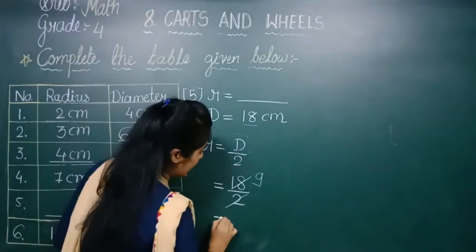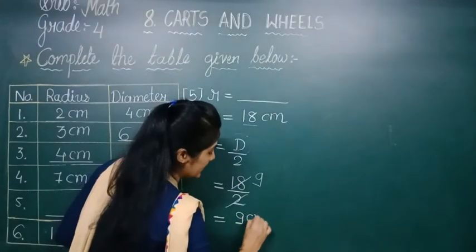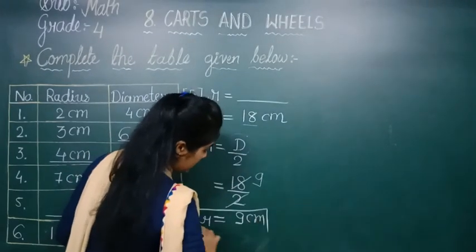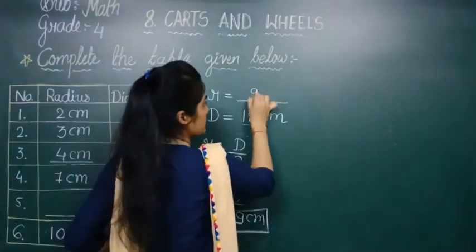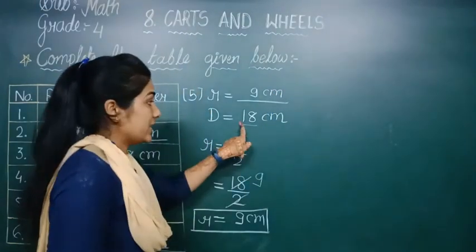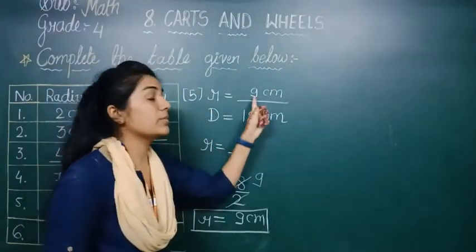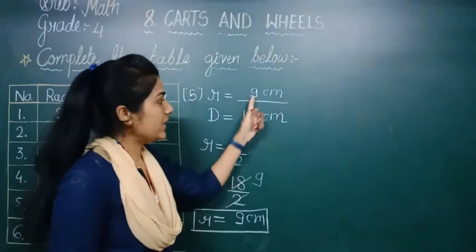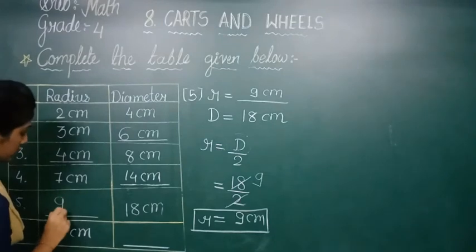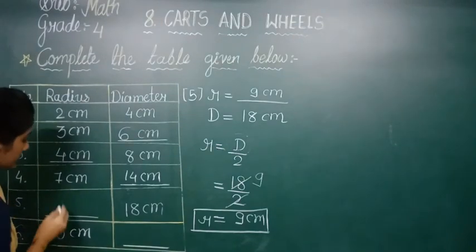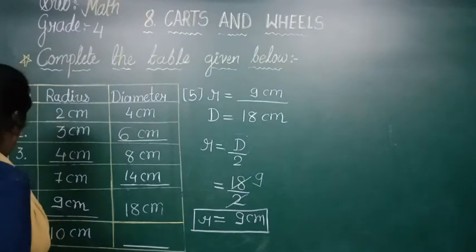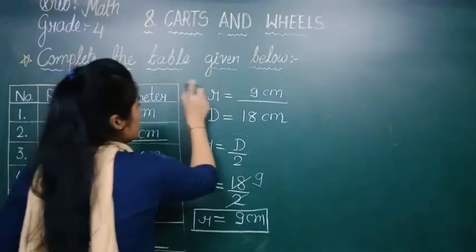So we are getting our answer 9 centimeter. So R is equal to 9 centimeter. In other words, 18 is double of 9 or 9 is half of 18. So 9 centimeter is our radius.